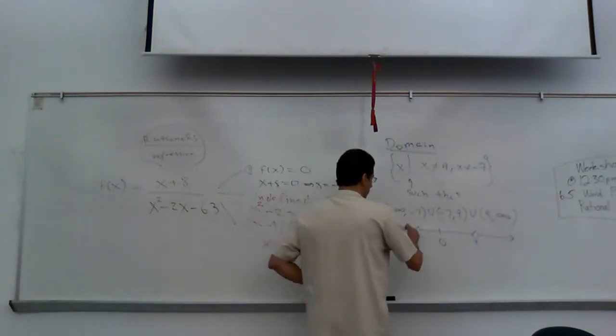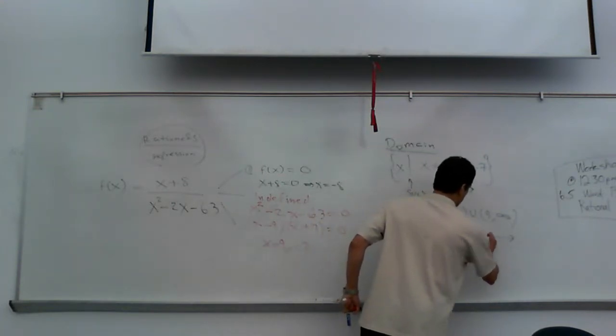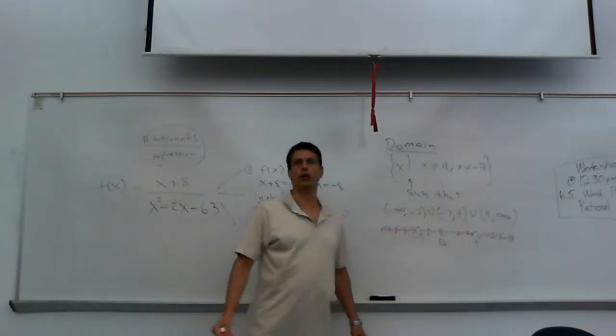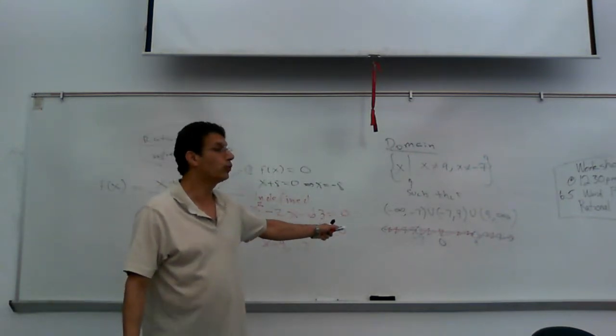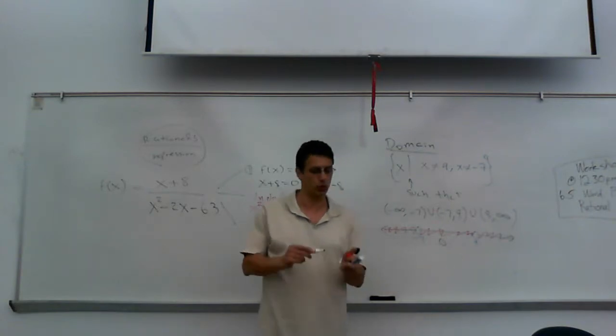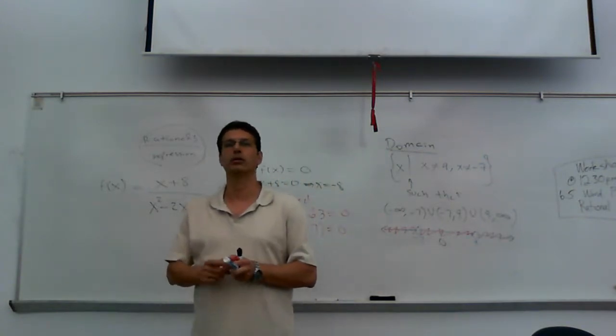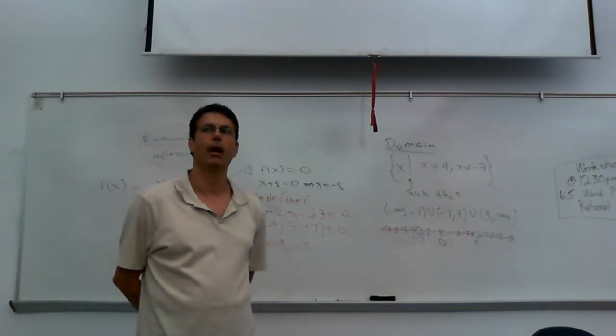You have a hole. Meaning, is this okay? Yes. How about this guy? Everywhere you go, you have no problem except at 2 points. So if you were to graph it, it would be all the real number line except those 2 points: x equals -7 and x equals +1.